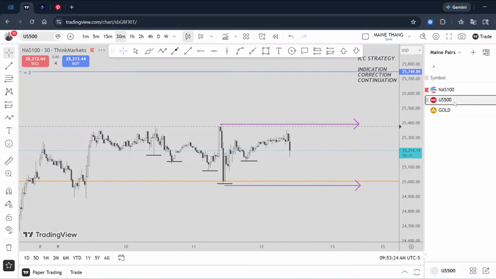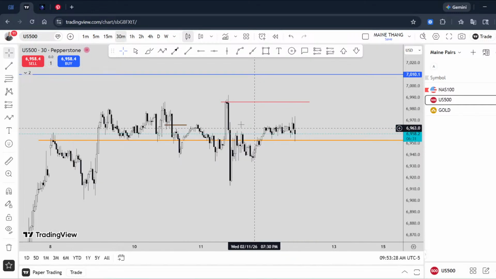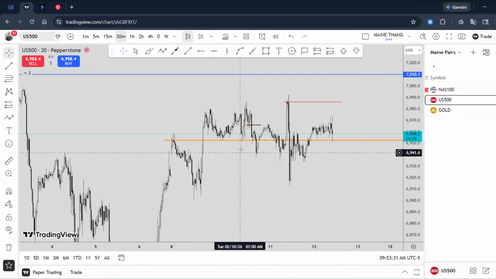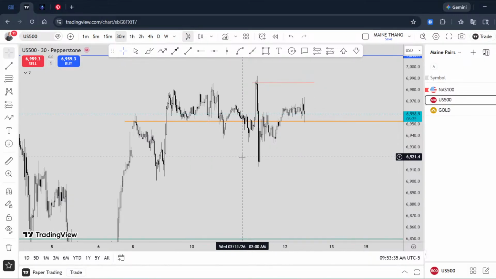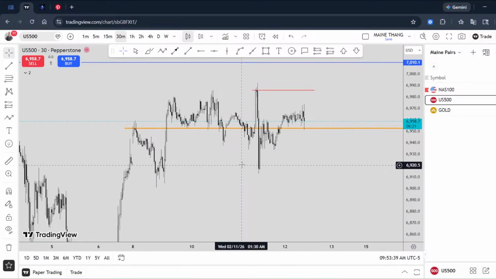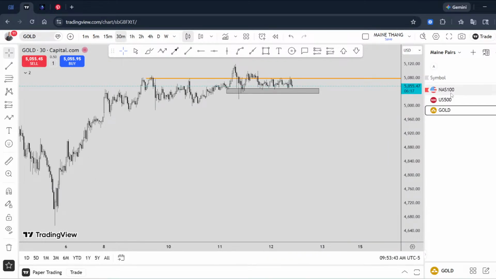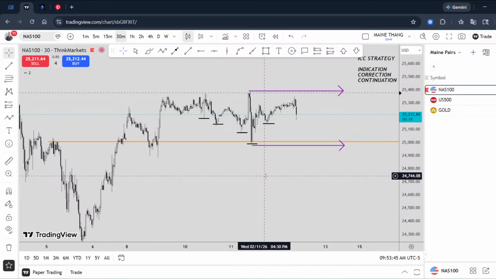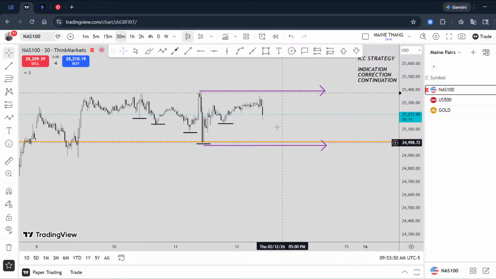Let's see what US 500 did. Same thing right now. If this holds, it will be a higher low.